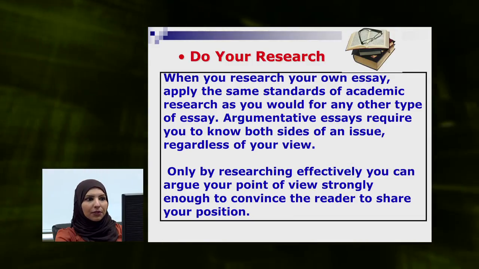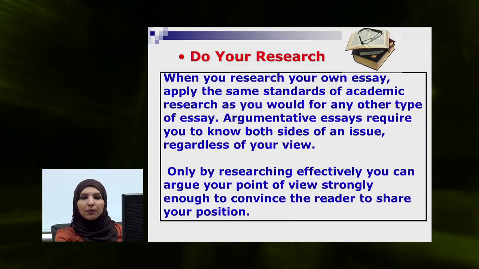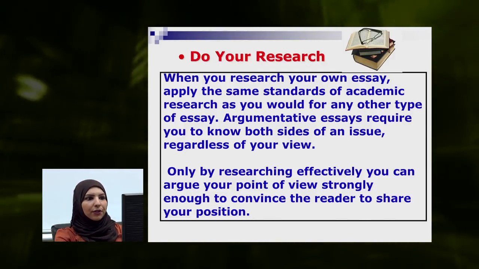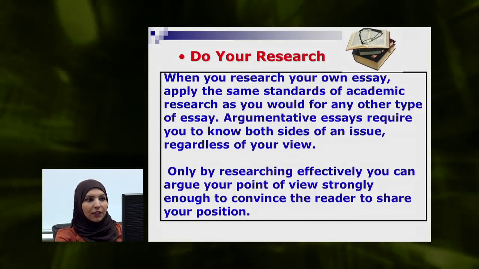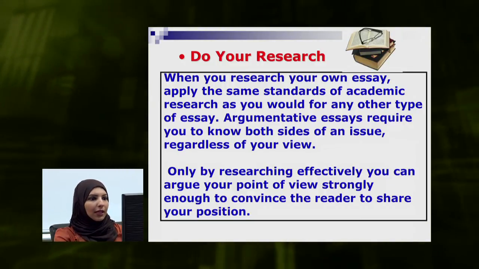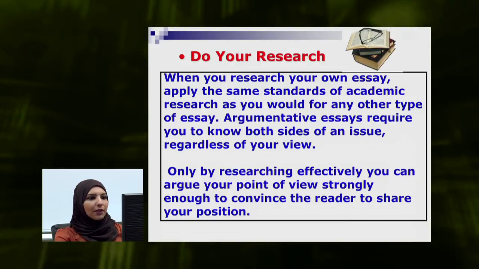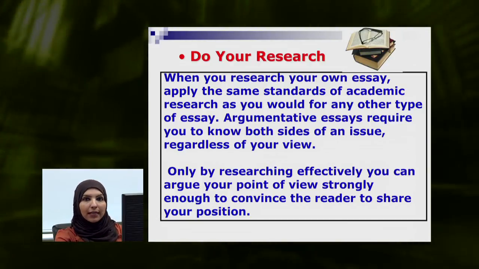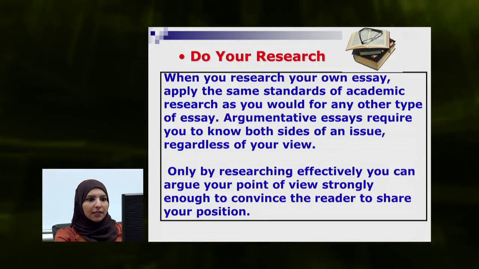When you research your own essay, apply the same standards of academic research as you would for any other type of essay. Argumentative essays require you to know both sides of an issue, regardless of your view. In addition, only by researching effectively can you argue your point of view strongly enough to convince the reader to share your position.